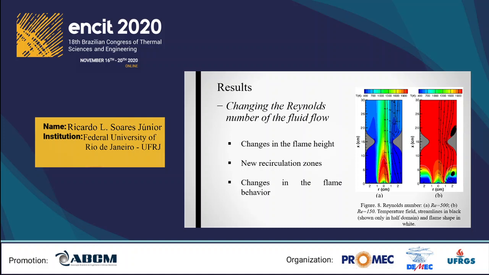Comparing the temperature field in Figure 6b and Figure 8a, we observe that a large amount of oxidant entering at low temperature affects the temperature throughout the entire domain, decreasing it at a fixed axial position.